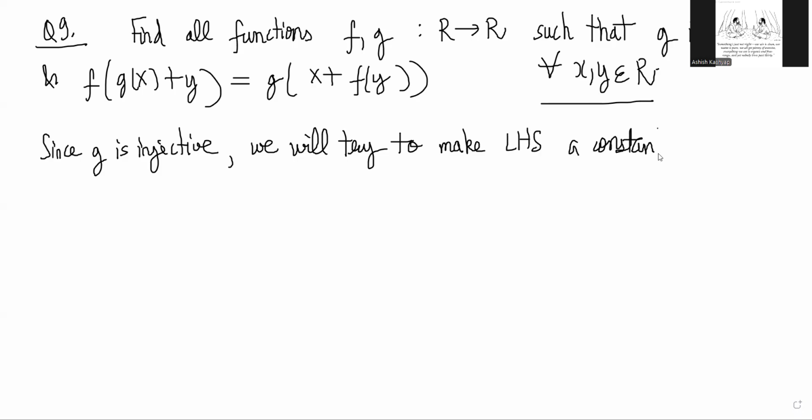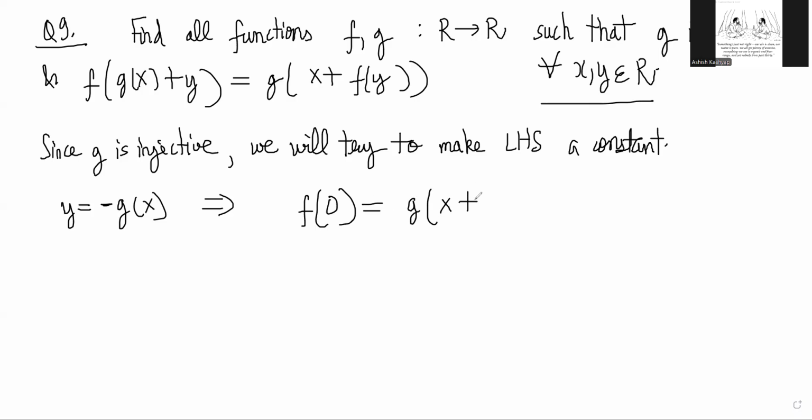You will realize why we are doing it. So for now, to make LHS a constant, one way to do it would be to put y is equal to minus g of x. Because that will make the LHS here f of 0 is equal to g of x plus f of, instead of y, I have put minus g of x, right? So this is the situation right now.